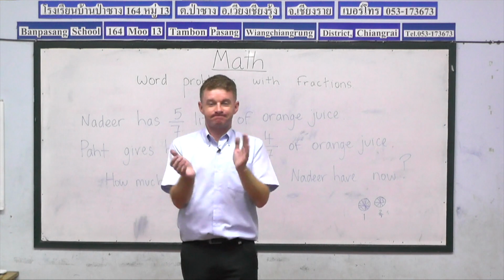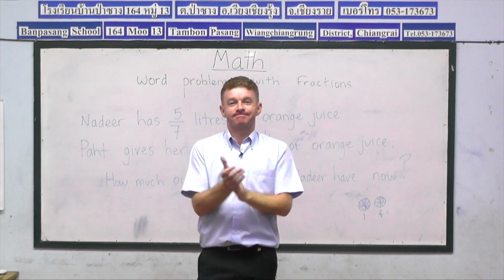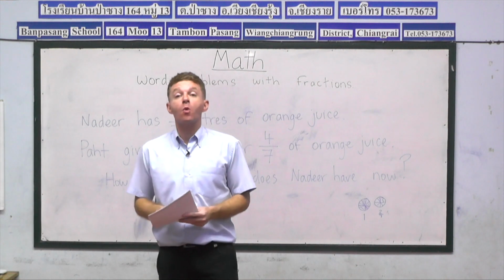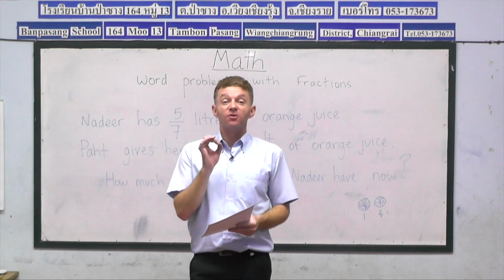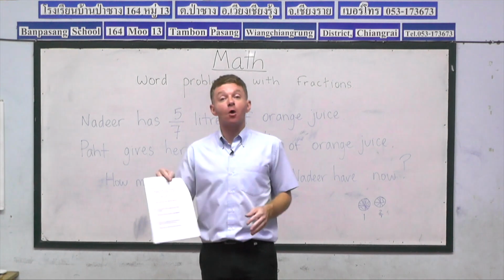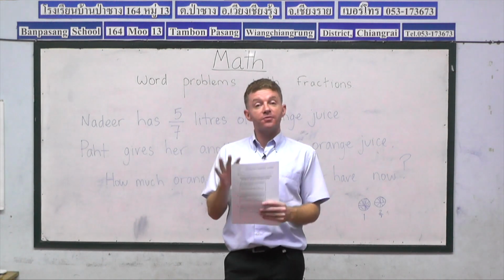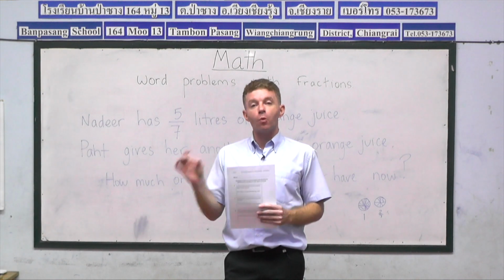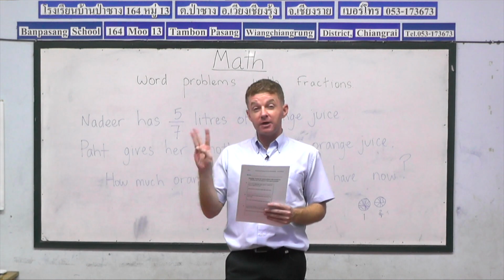And now it's time for our worksheet part of the lesson. So teachers, make sure every student in your classroom gets their own worksheet. What they need to do today is carefully read each of the word problems. There are 3 in total.